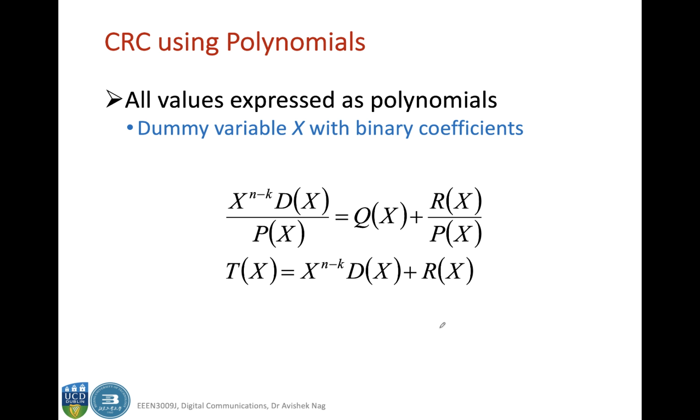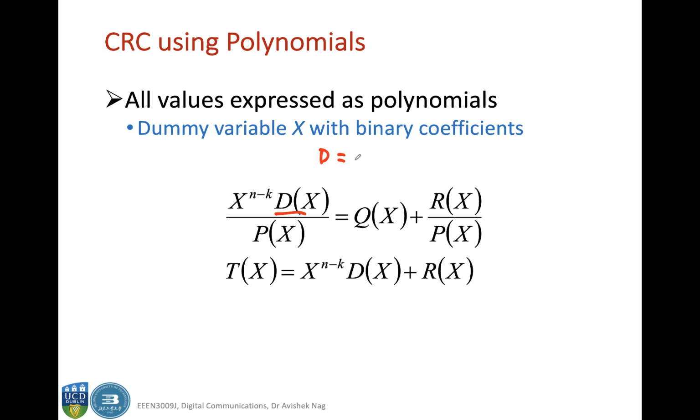So we can express CRC using polynomials also. So all values are expressed as a power of a dummy variable x. So you can now do the same operation. You can say that D, your message, is a function of x, and whichever value has 1, you have the power of x present in the polynomial, and whichever value is 0, that power of x is suppressed.